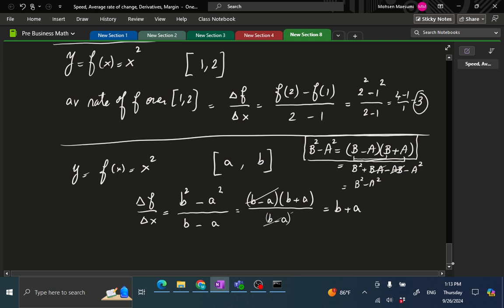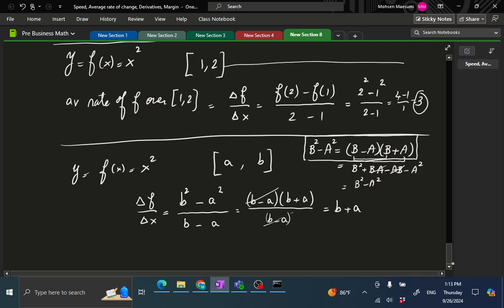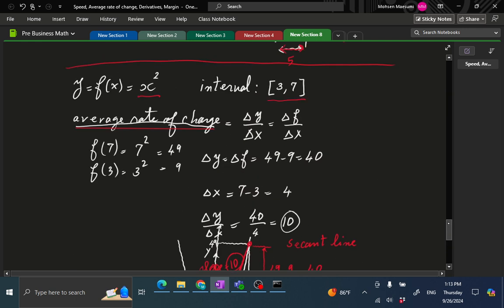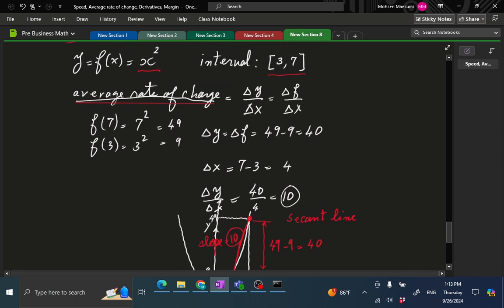Okay, that's as simple as we can make it. So if a and b are 1 and 2, then b plus a would be 1 plus 2, and that is 3. So how can I make a shortcut from that? Just add these two numbers. Is it still true here? For 3 and 7, we got 10. Well, of course, 3 plus 7 is 10.